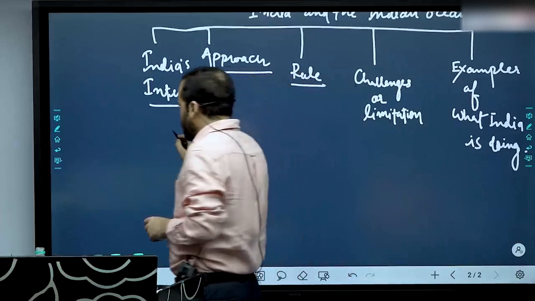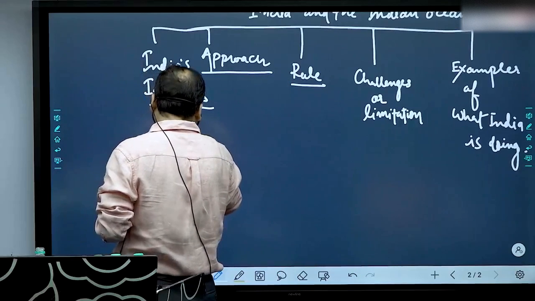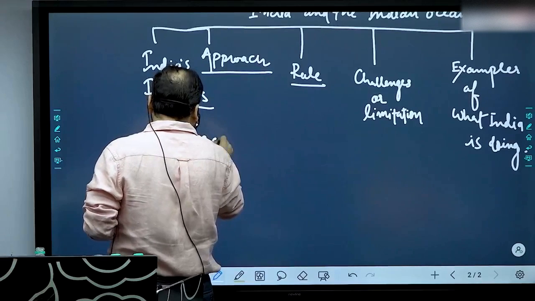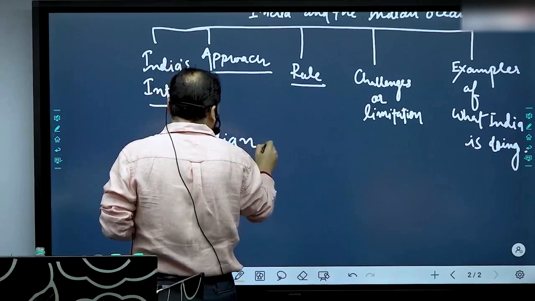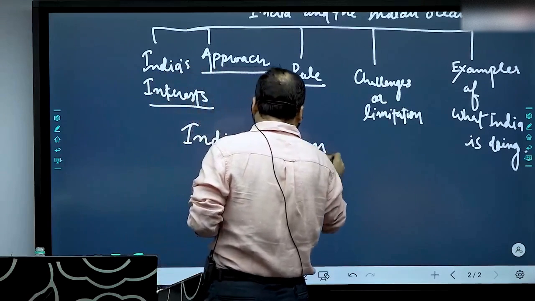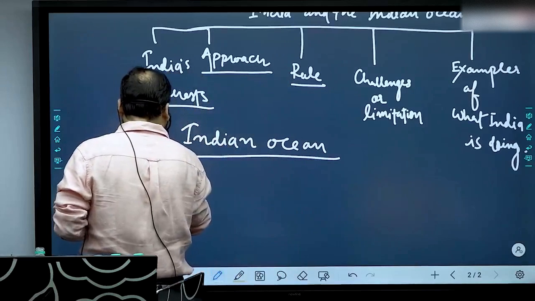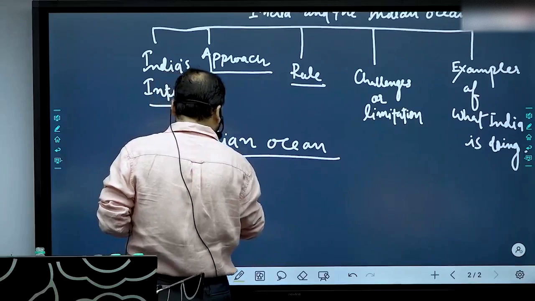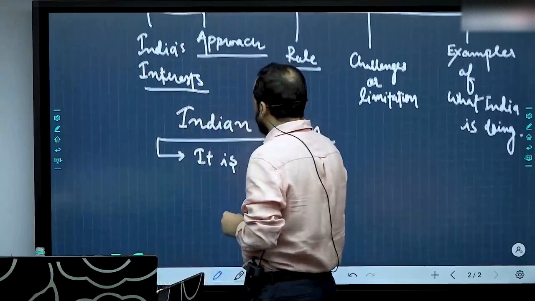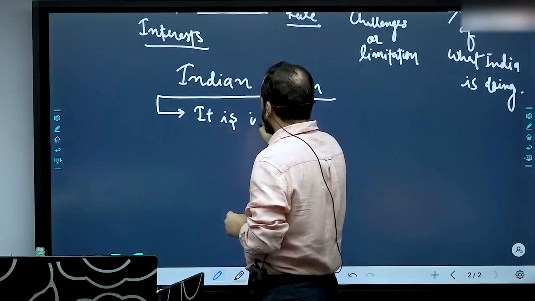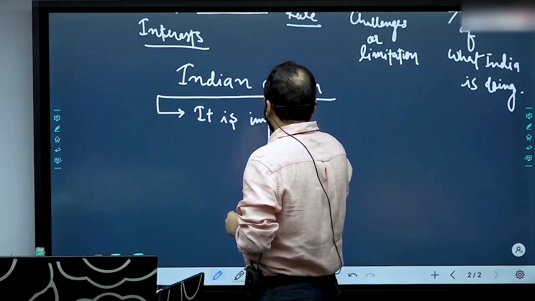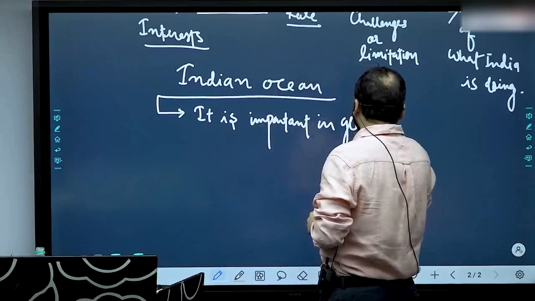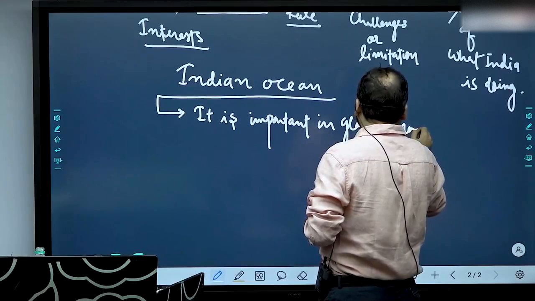If you have made any effort in writing the significance of the Indian Ocean region, you must have realized that the Indian Ocean is significant because, A, it is important in global trade and logistics.